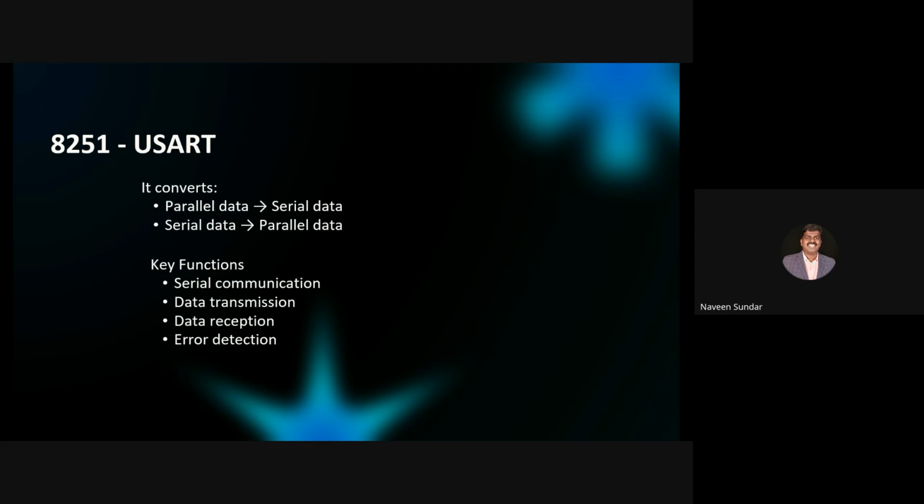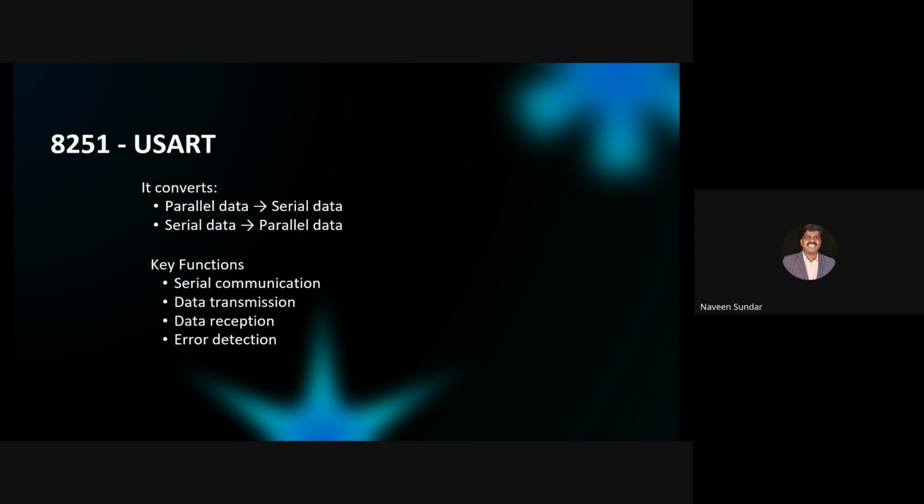So for that reason this 8251 helps us with the converting process, and the key functions are serial communication, data transmission, and data reception, that is receiving the data, and also error detection during transferring the data. If any bit causes an error, that error also will be detected.